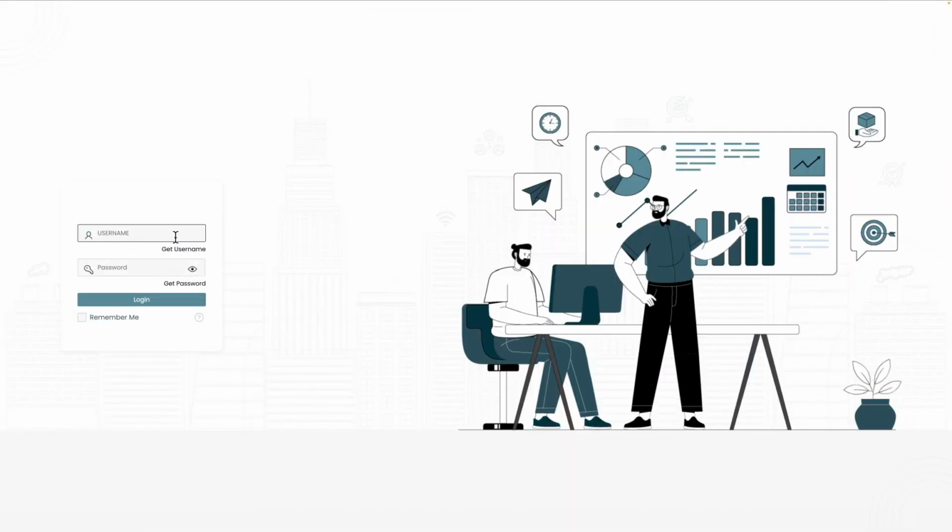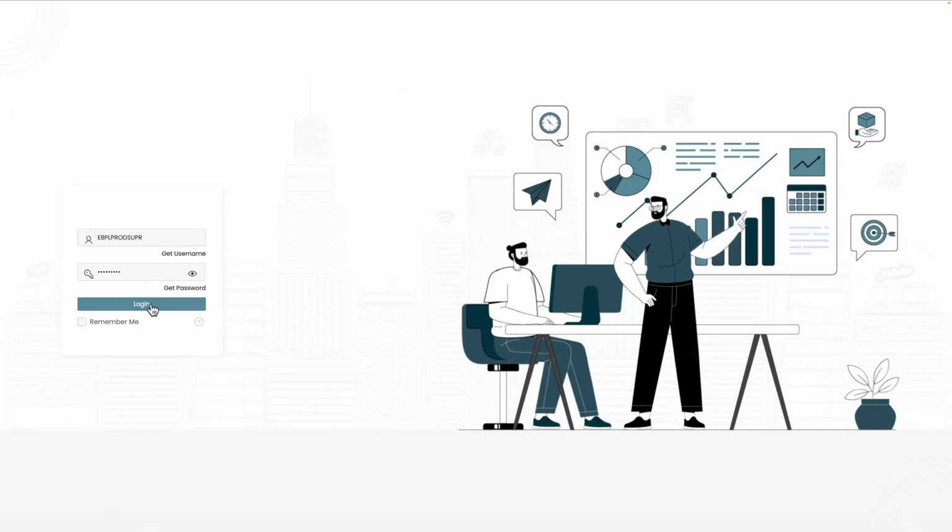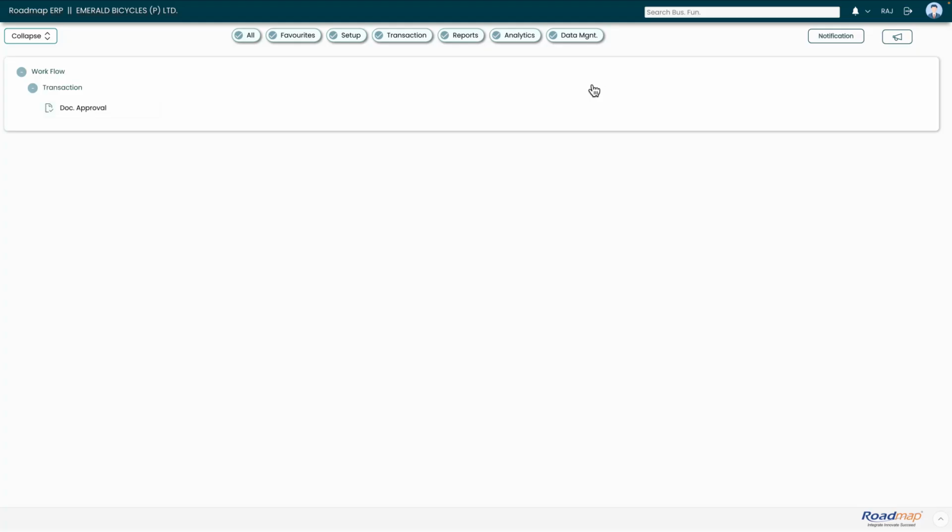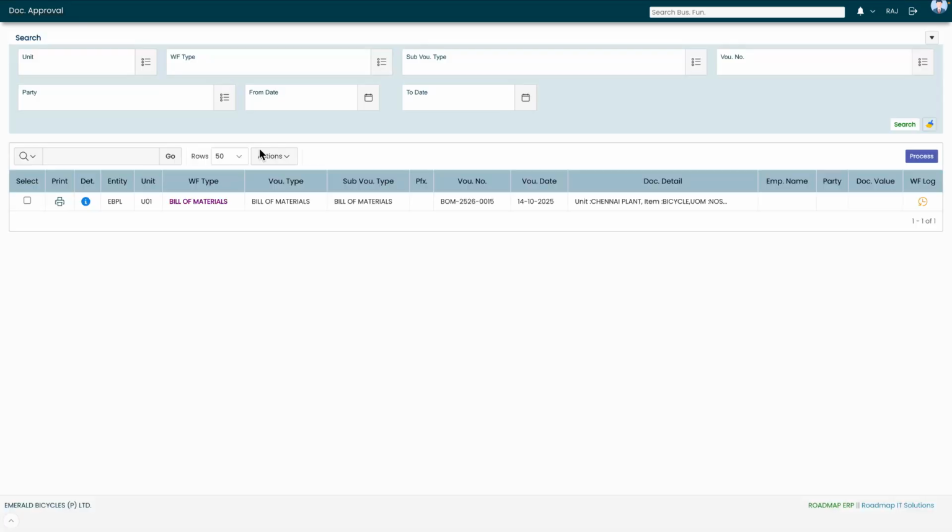Now let's log in as our supervisor. Click on login, and this is the login page of the supervisor. Click on this bell icon, go to your approval, and the document has been received here. In order to take action, click on this detail icon.